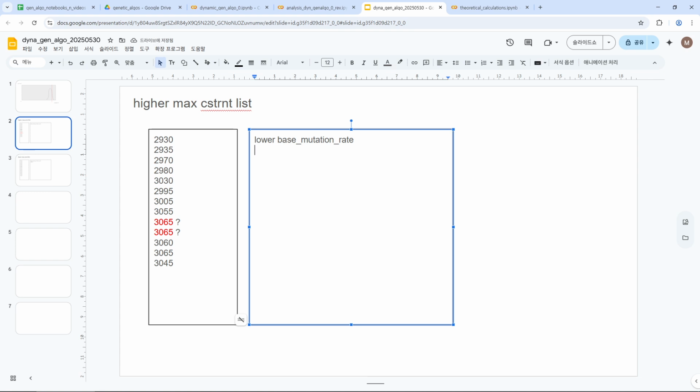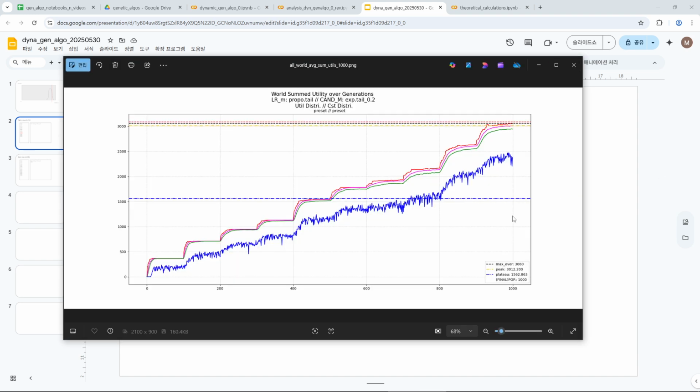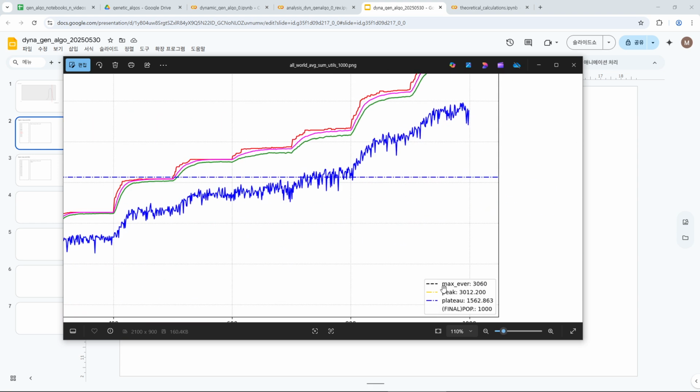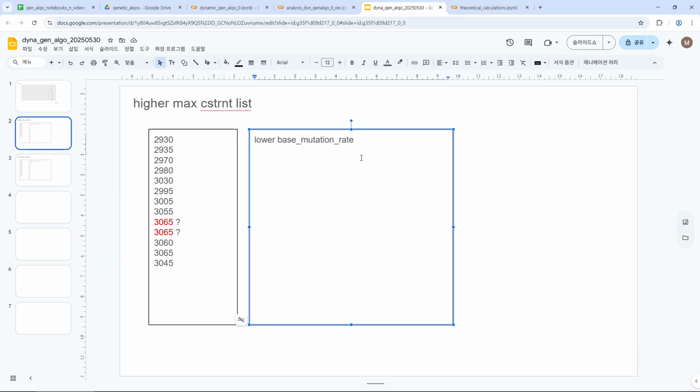Same thing, except now I use the higher maximum constraint list, and this is what I got. 0.2 for the candidate percentage, and the maximum ever is 3060. I know it's not 3065, but when I did that, I rarely ever got a maximum ever value higher than 3000, but now it's above 3000.